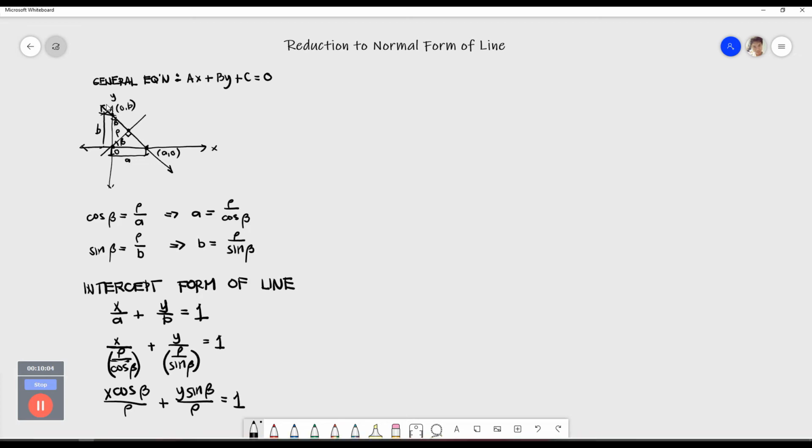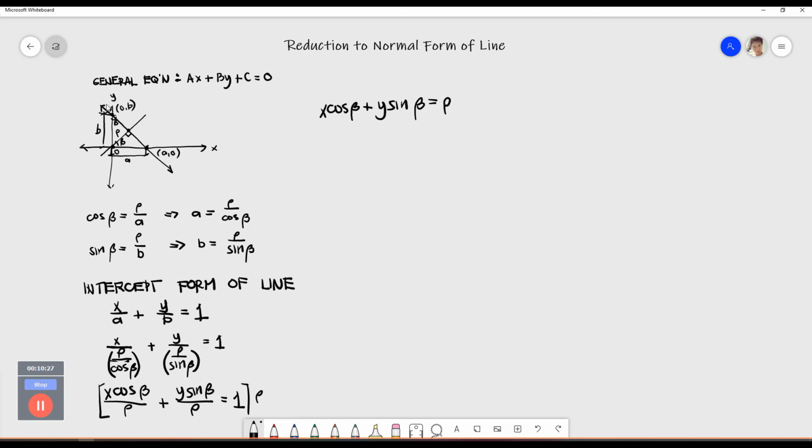Now if you multiply by rho, this is also equal to x cosine of beta plus y sine of beta is equal to rho.